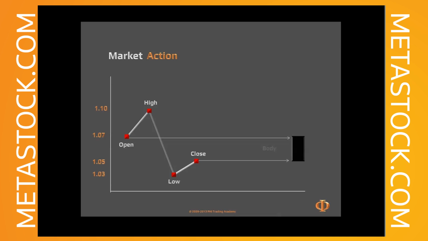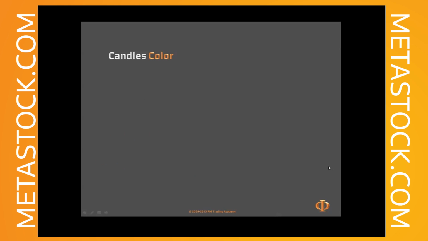This rectangle is called the body of the candle. And I'm sure you've seen some shadows, or wicks as they are called, which are basically vertical lines from the body to the high and from the body to the low. And these we call shadows or the wicks. Okay?